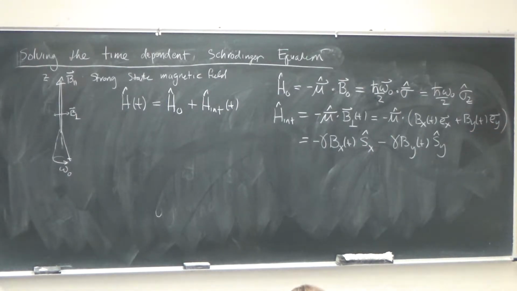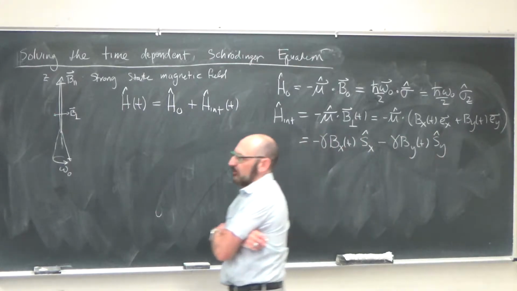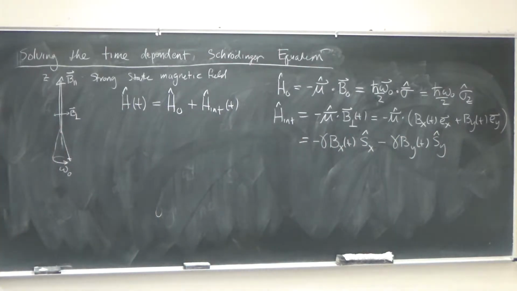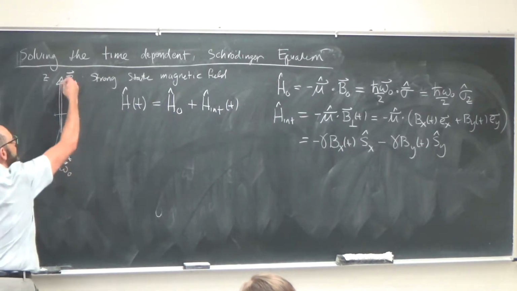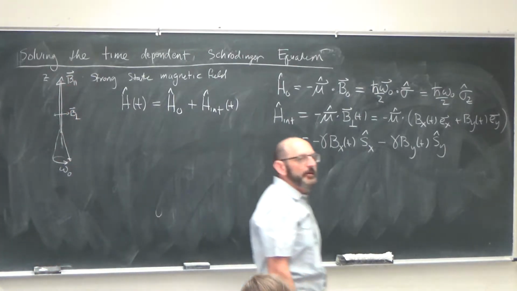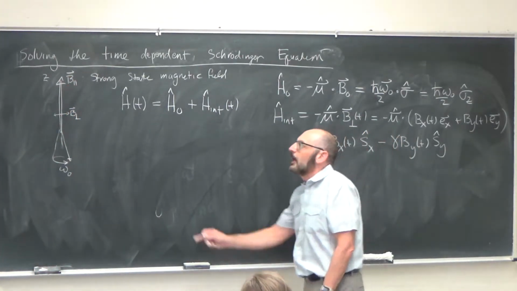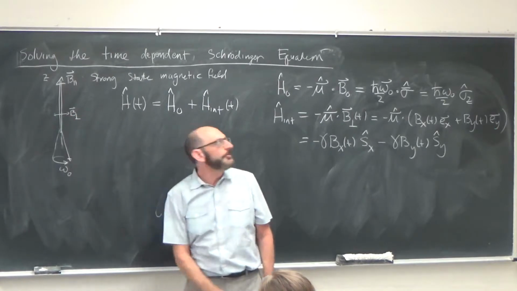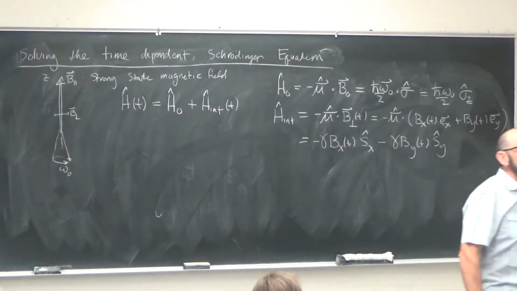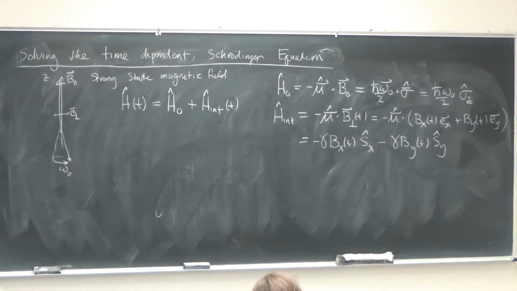All right. So now the question I have for you is, if I want to most effectively flip this spin from down to up, how should I choose these components, x and y, as a function of time?